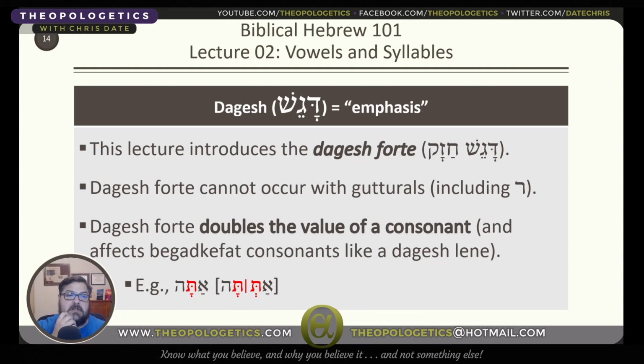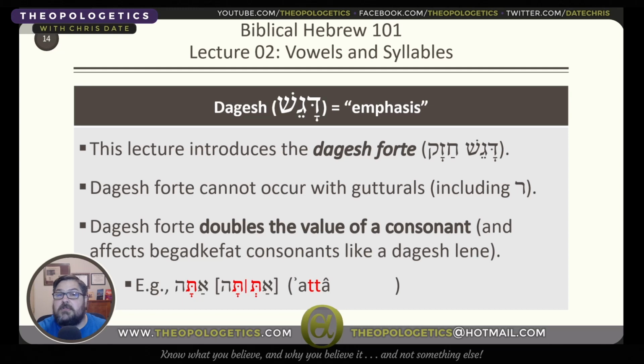So the first syllable is aleph, and then a vowel, and then tav, at. Notice that shewa under the tav is silent, at. And then a second syllable begins with the second of the doubled tavs. And then it has a vowel and hey, ta. So this is two syllables, at, ta, but you don't separate them. So it's at, ta.